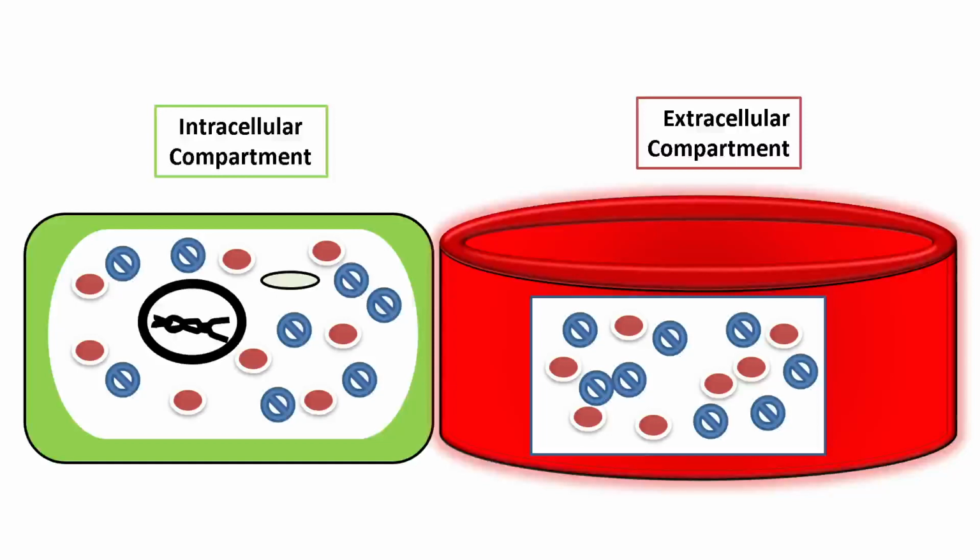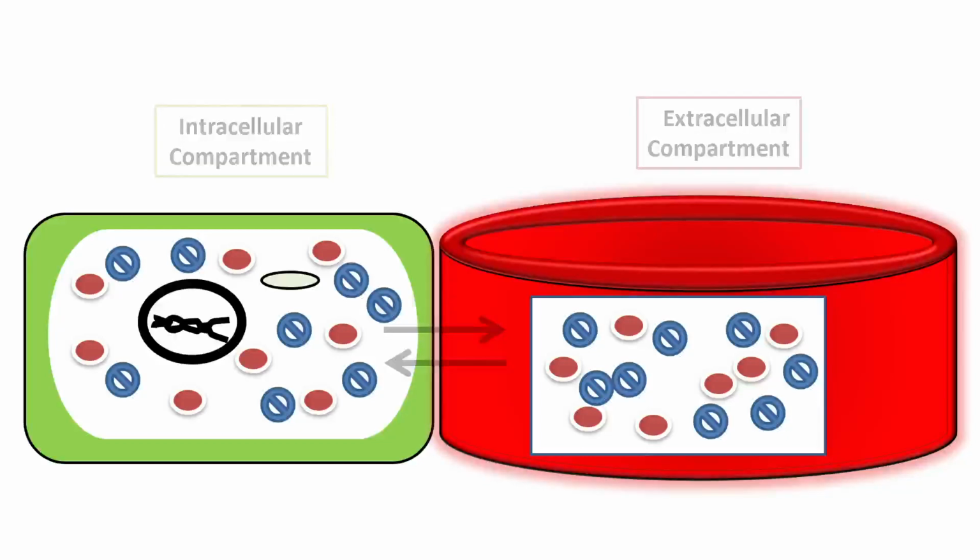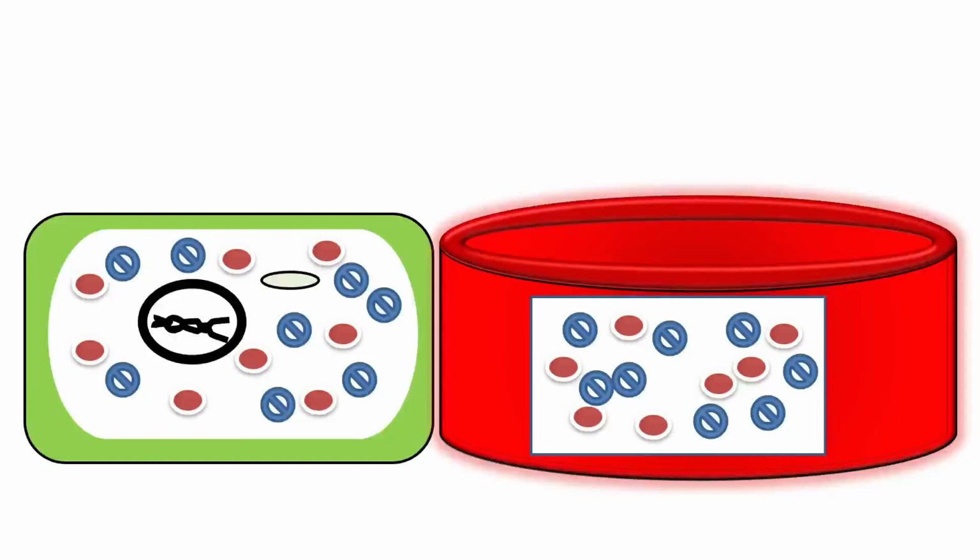They are the same in both compartments, that is the intracellular compartment and the intravascular compartment. The red circles represent other solutes. They are also equal on both sides. So we can say that both the compartments are in equilibrium with respect to the number of water molecules and the number of solutes.